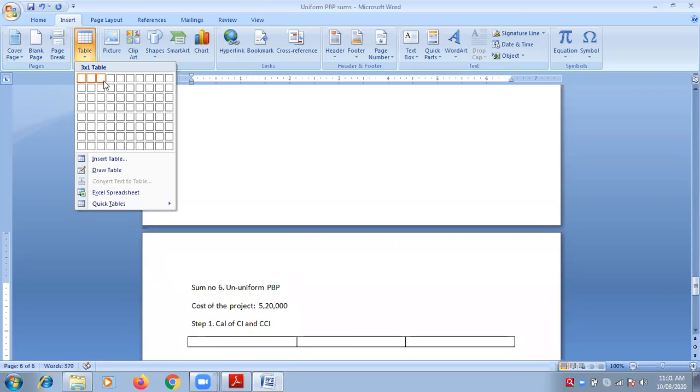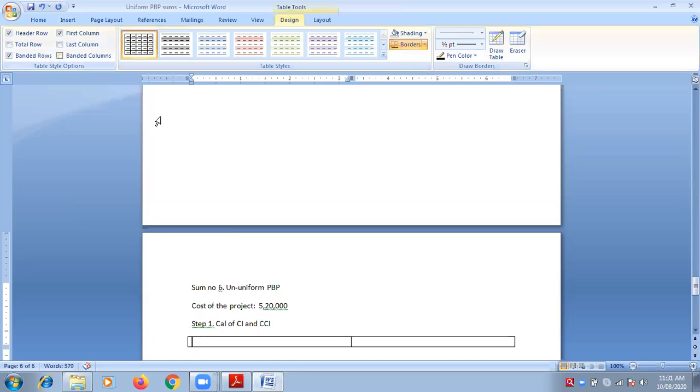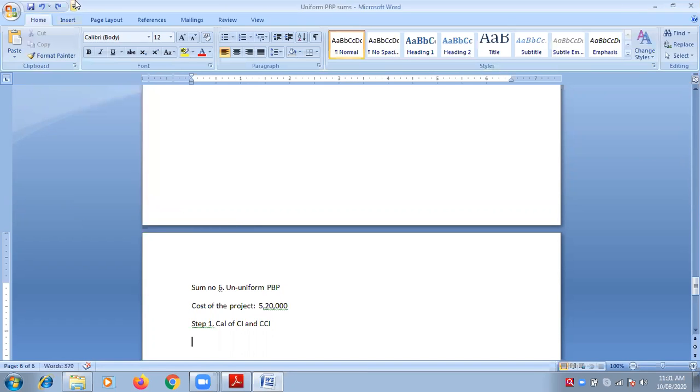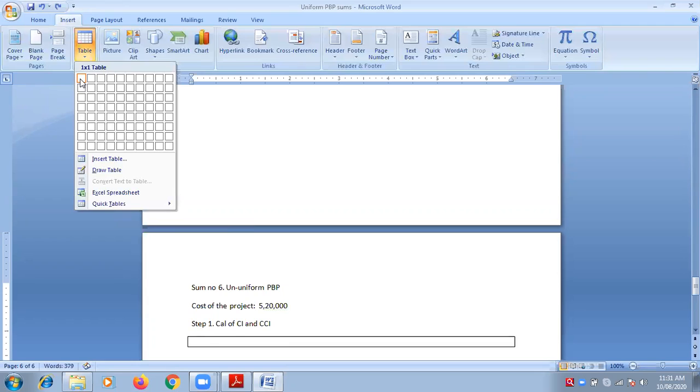How many columns will be needed? First column will be year: 1, 2, 3, 4, 5. Second column will be net profit after tax, which is available to you. You will start from the profit that is already available. Third, add back depreciation.